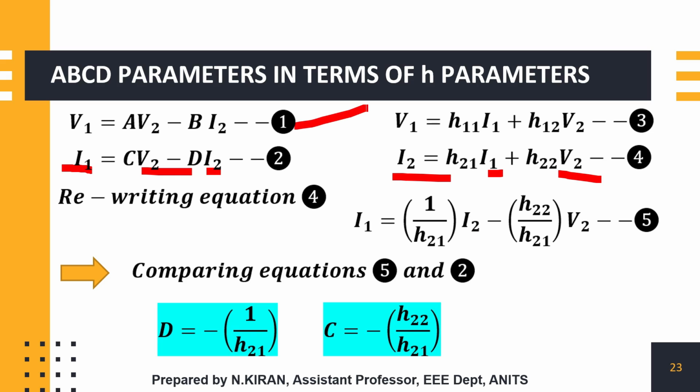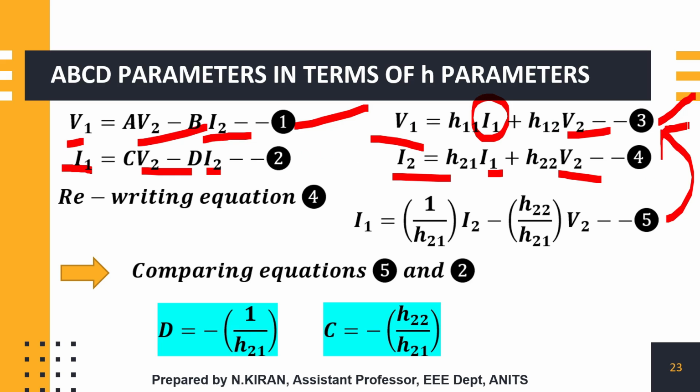Now to compare the first and third equation, I have to eliminate I1 from the third equation, and I can do so by substituting the fifth equation in the third equation.